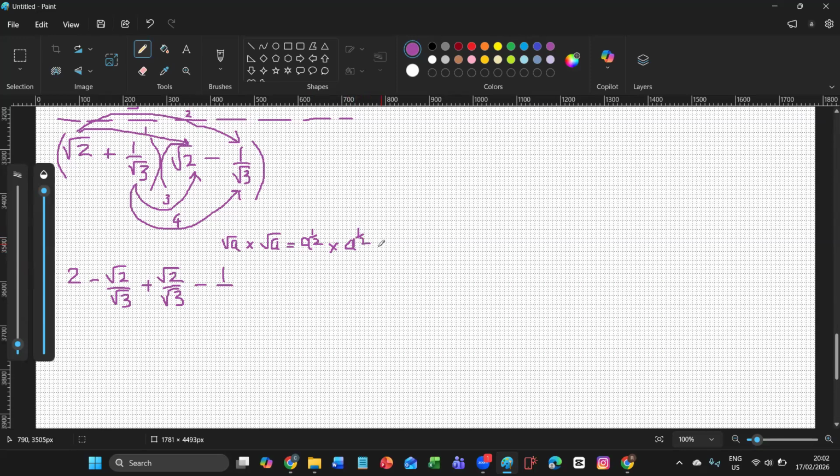In indices, they told us that when two things have the same base, you can do what? Add their powers. So half plus half is what? 1, isn't it? Yes, sir. And because it is 1, guess what? A raised to the power of 1 is what? A. Okay. All right.